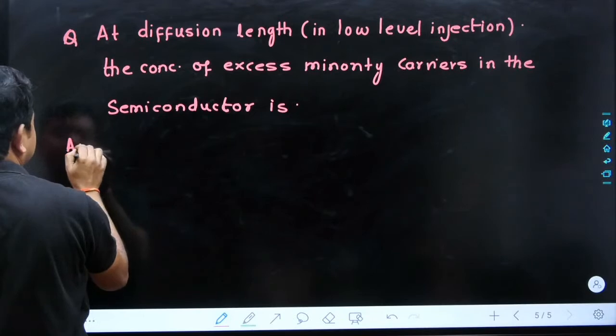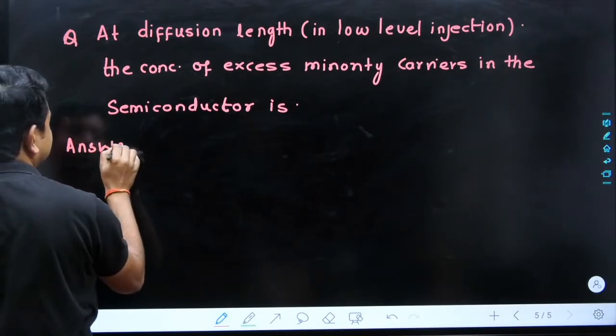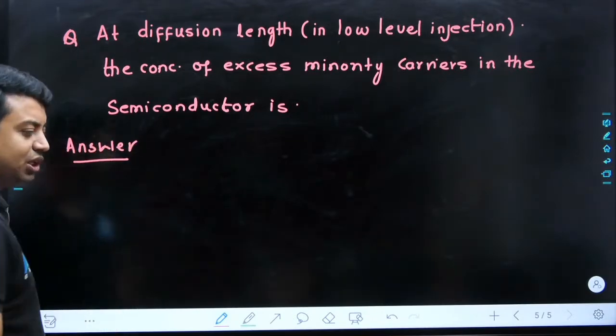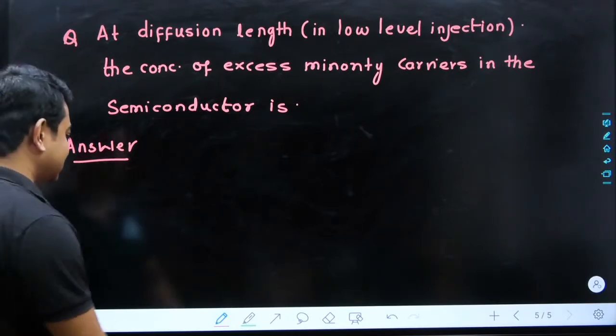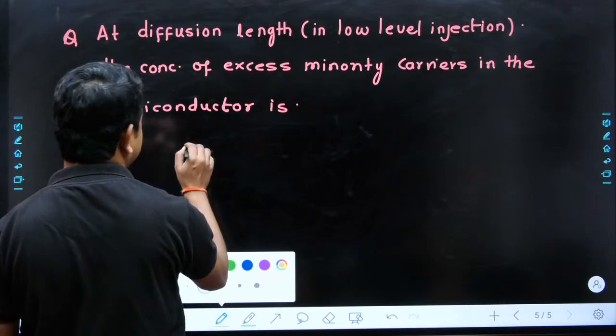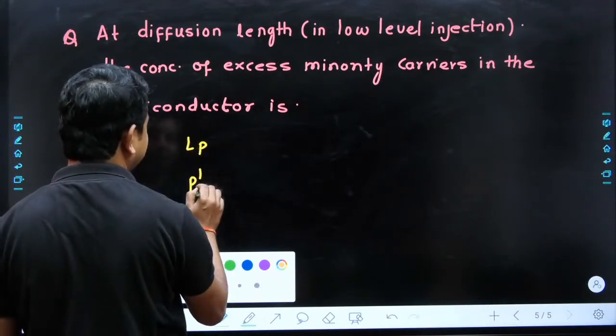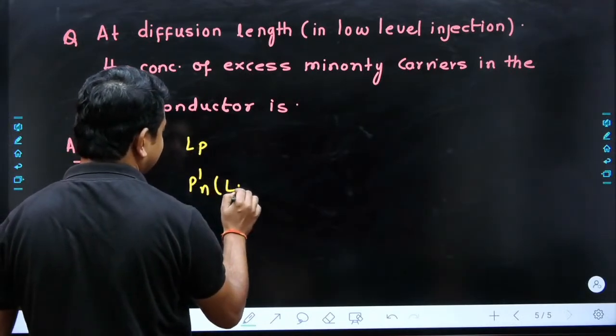We have to answer this question. How to answer? We can find out, at diffusion length, what will be the excess minority carrier concentration. So the diffusion length is given by, suppose, LP. So we just have to find out what is P dash n at distance LP.